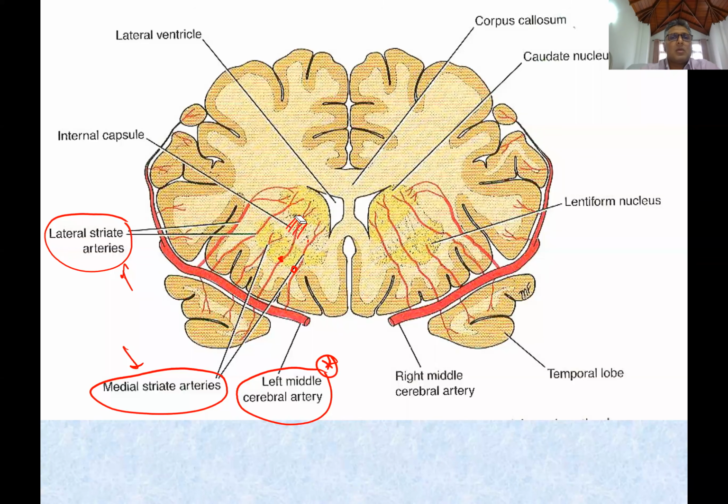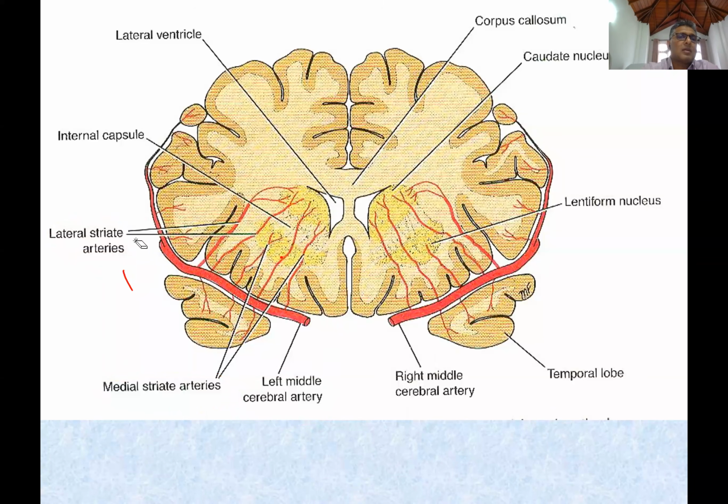Depending on the area supplied by the blocked artery, there can be varying degrees of defect, loss of function. Remember these two terms: lateral striate arteries and medial striate arteries of the middle cerebral artery. They are the ones that supply the internal capsule, lentiform and caudate nuclei in that area.